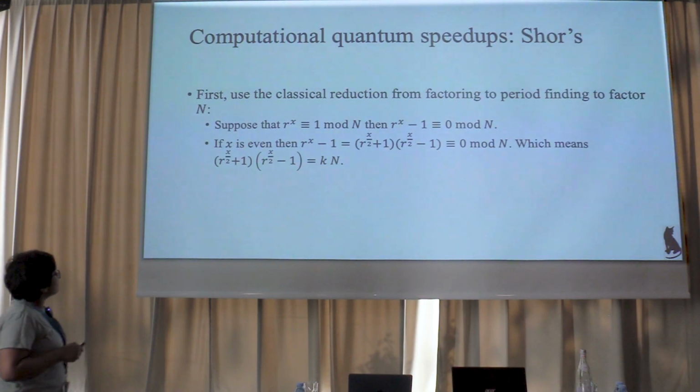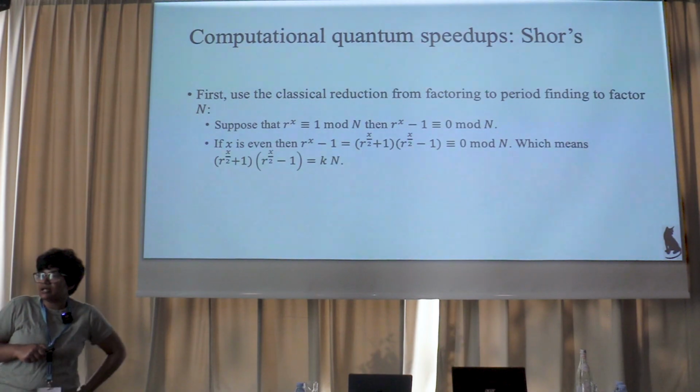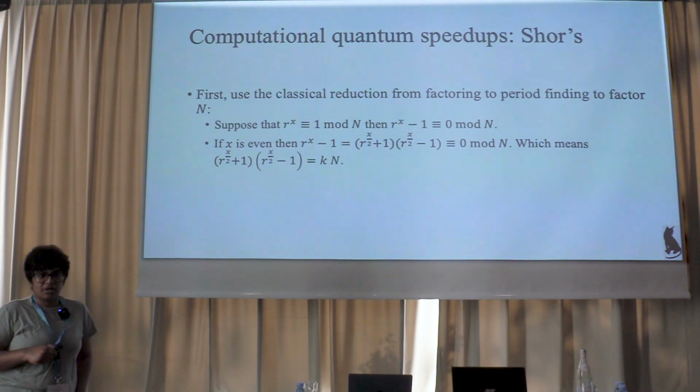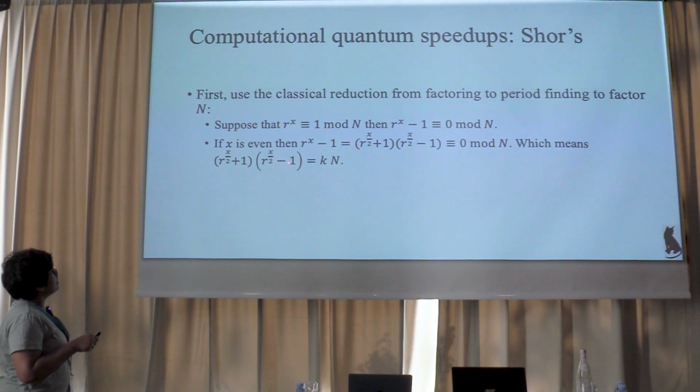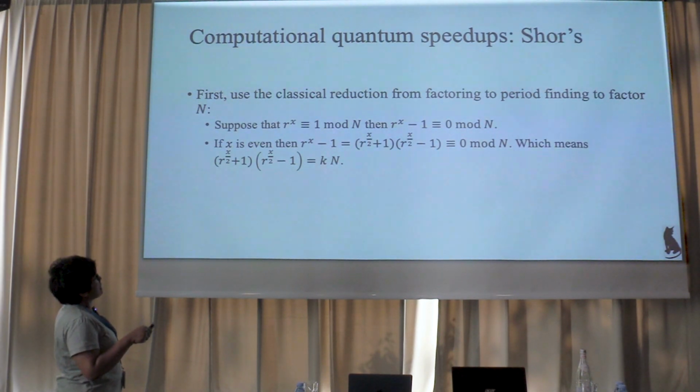So now if I could find this x for some r, then I'm done, right? I got some non-trivial factors for n, because they can't just be k times n or something, okay?